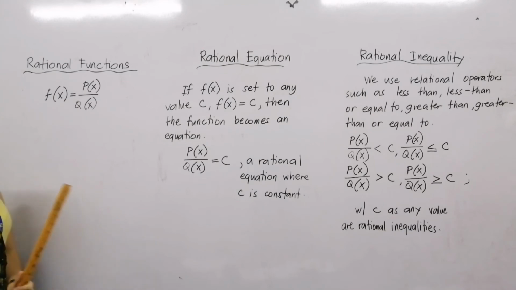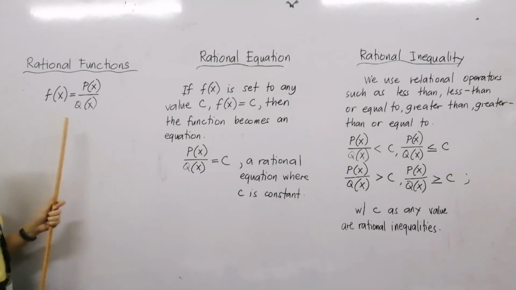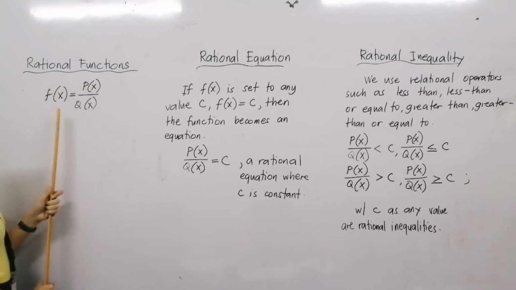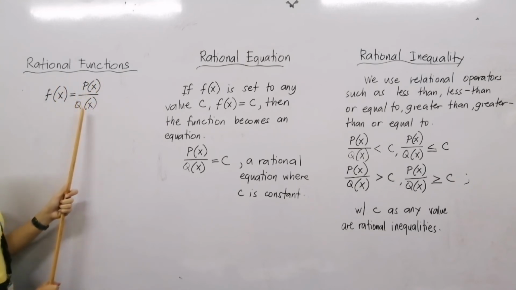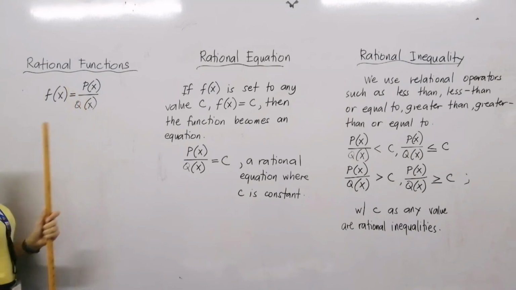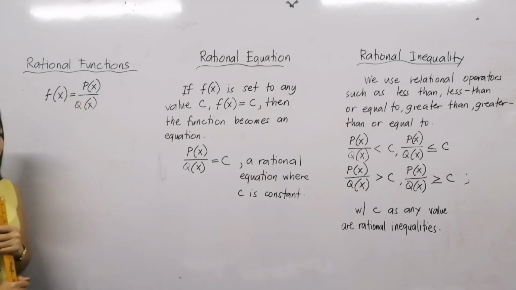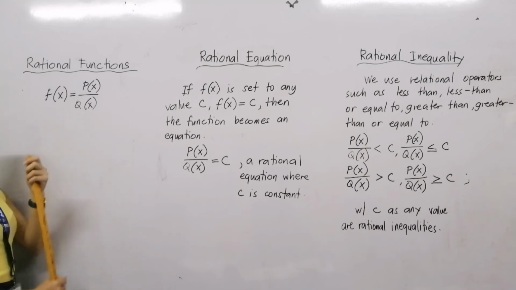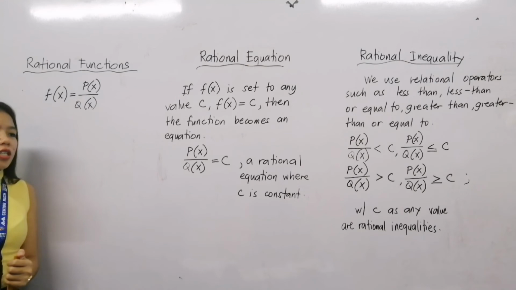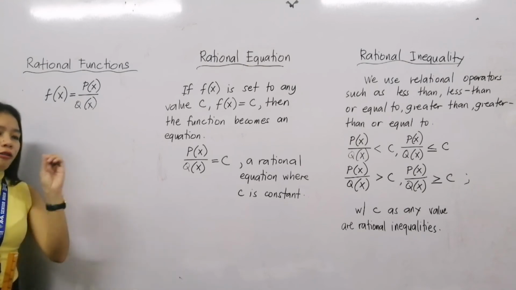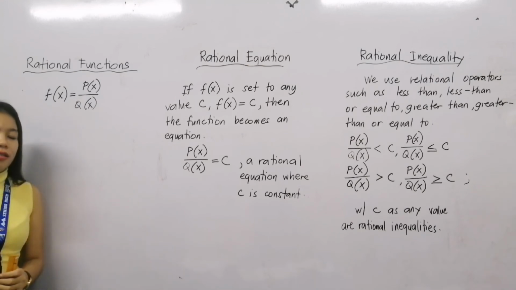Going back again to our rational function class, as you remember, ito po yung standard form natin. F of x is equal to p of x over q of x, where p of x and q of x are expressions or a value. But we're gonna consider a particular condition or restriction wherein si q of x should not be equal to 0. Kasi if ever na ganun, function can be undefined.